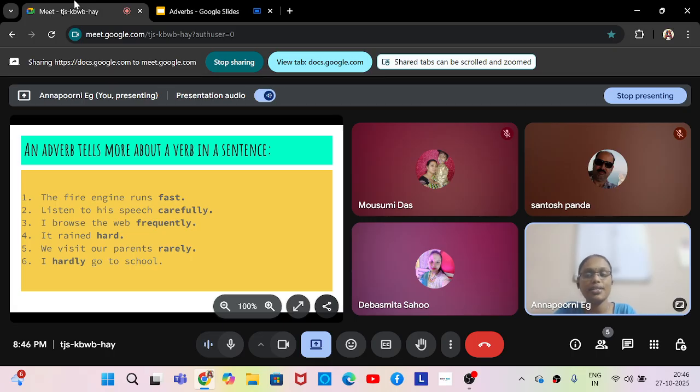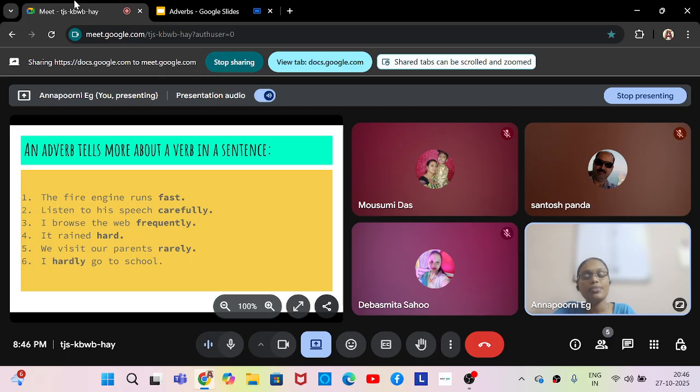I have to listen to the speech carefully. So listen is the action, the verb. Guys, I am again repeating. Verb means action. Adverb means the word that describes a verb. Verbs को describe करते हैं, words को adverbs बोलते हैं, ठीक है?